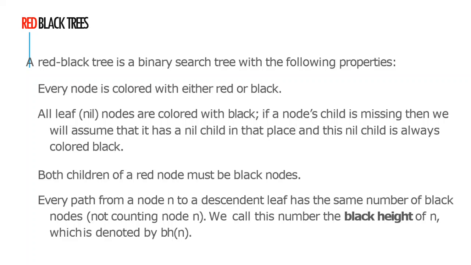Both children of a red node must be black nodes. It is an important rule. Every path from a node to a descendant leaf has the same number of black nodes, not counting the node n. We call this number the black height of n, denoted by BH of n.